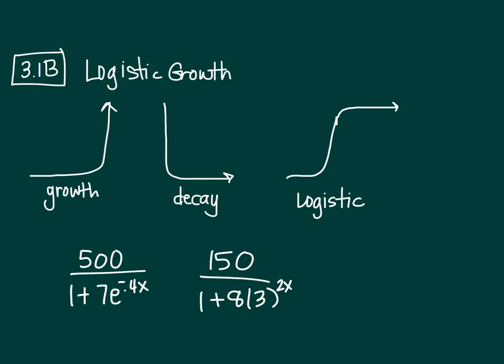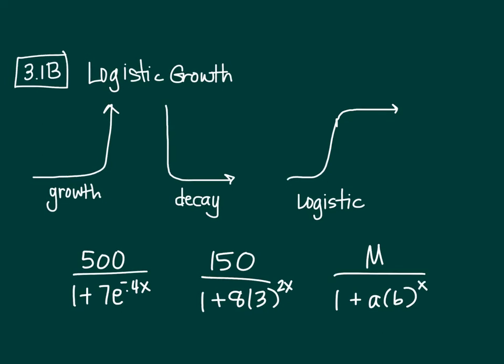So the format for logistic is this. We say M is on top, 1 plus a times b to the exponent on the bottom. Anything in that form where you have a whole number M on top and a 1 plus and then some kind of exponential form with the x in the power on the bottom, that is called logistic.